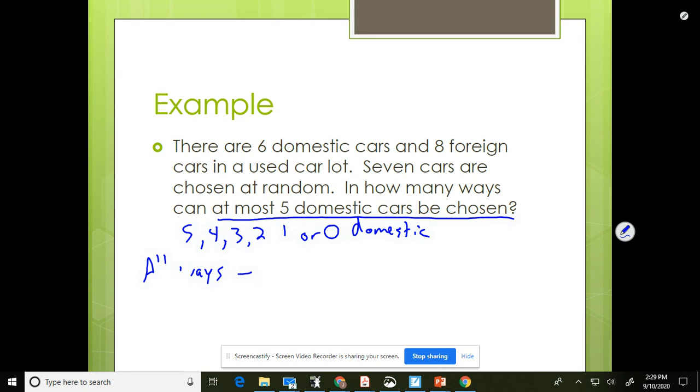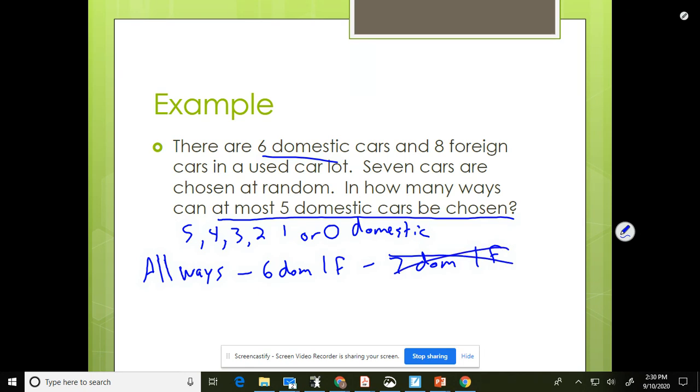So we could do all ways minus, we could go 6 domestic, 1 foreign, minus, this won't work, I'll explain why, but 7 domestic and 1 foreign. So I can't pick 7 domestic and 1 foreign, right? We only have 6 domestic to choose from. That's not even an option.